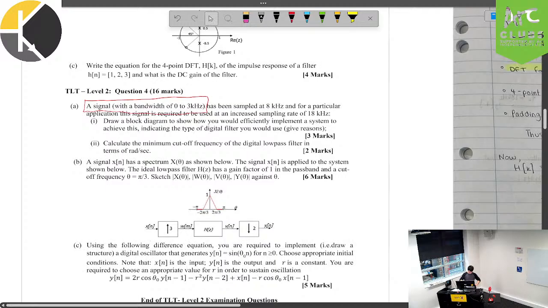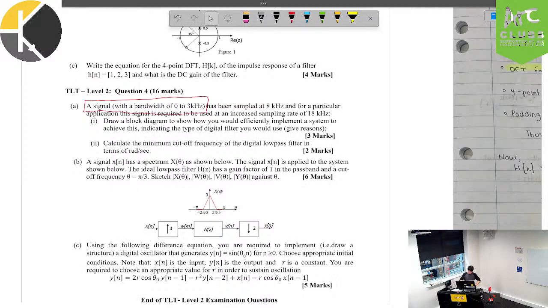We apply some manner of filter, and then we have a decimation of factor 2. Okay? So the ideal low-pass filter, Hz with a gain factor of 1 within the passband and a cutoff frequency of theta equals pi on 3. Let's do this.